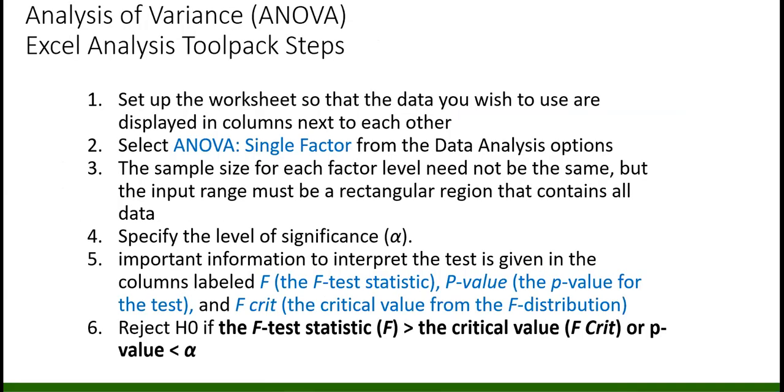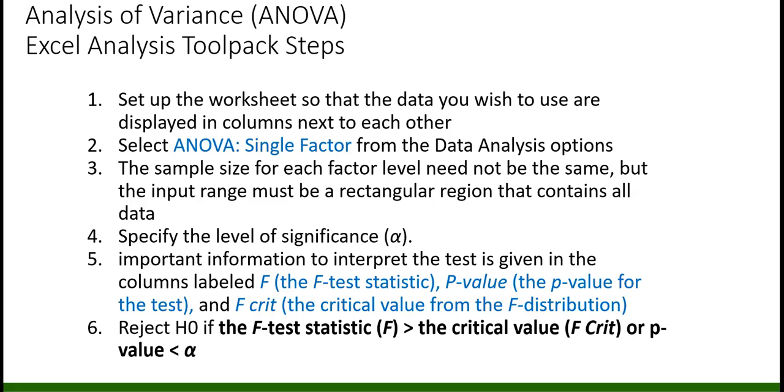When it comes to Excel, we need to use the ANOVA single factor tool from the Data Analysis ToolPak. One very important thing is to make sure the data is displayed in columns that are next to each other. Each variable should be in a separate column, and they should all be connected.